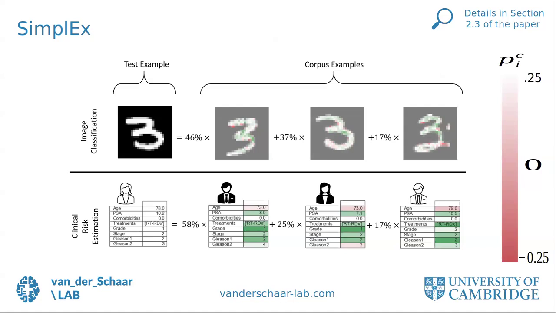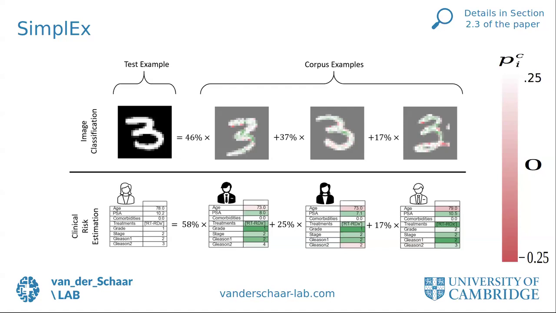in the top half where we're looking at the digits, we can see our example has been given, we've got that individual test example there, that's been given a predicted value. And when we've compared it to all of the members that we've provided in the corpus, it breaks down as being 46% similar to the first one, 37% similar to the second, 17 to the third.